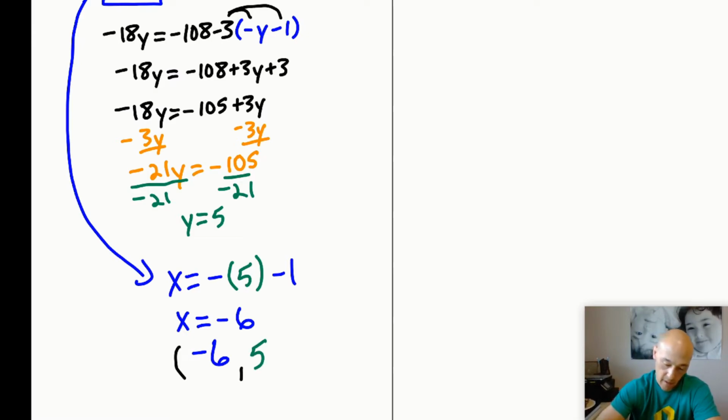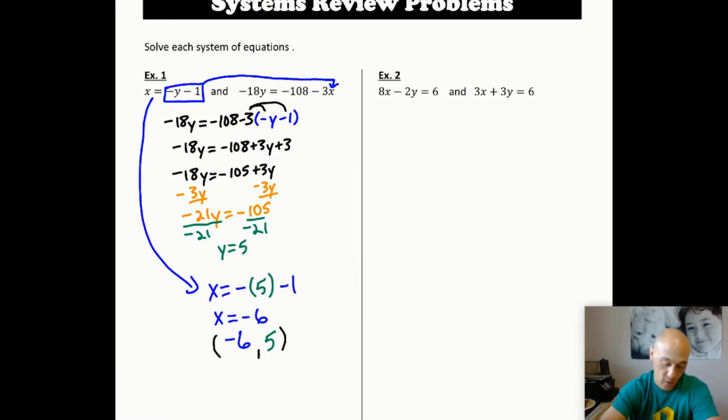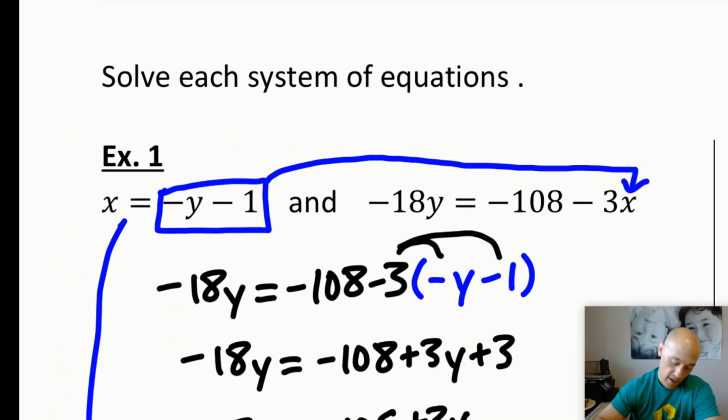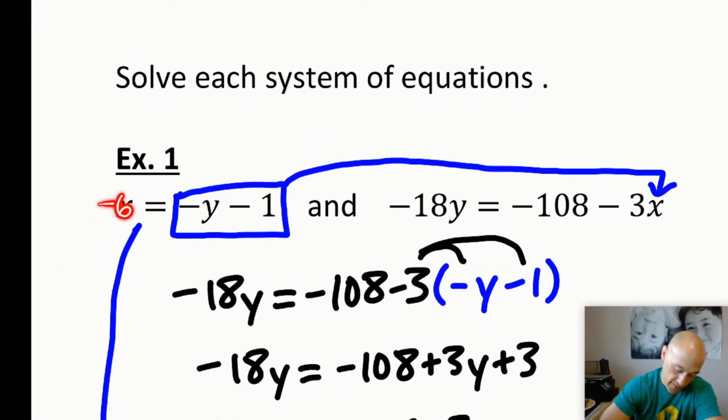And we can check our work by plugging that solution into the two original equations. I am not going to do that right now because I don't want the video to get too long. But what that would look like is this. So it's negative 6, 5. If I plug in negative 6, 5, I can see that this is negative 6, and it equals negative 6.